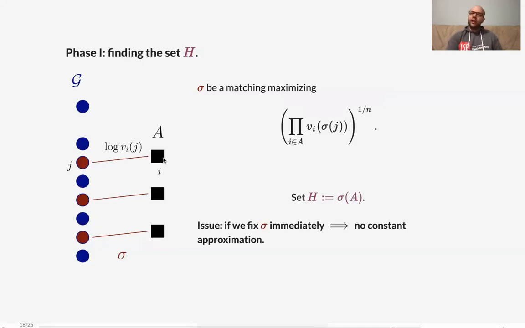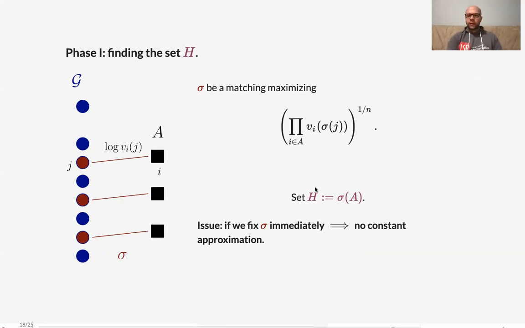So we can put log of Vij on each edge, and then we can find the set H as the set of goods that are matched to agents by the maximum weight bipartite matching in this graph. So this maximizes exactly the Nash social welfare under the constraint that each agent gets one good.